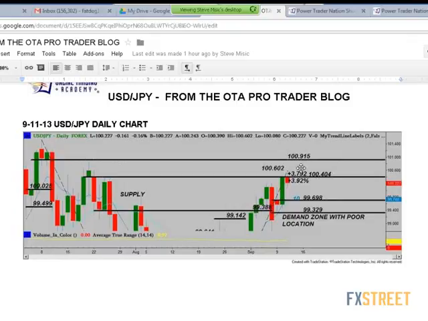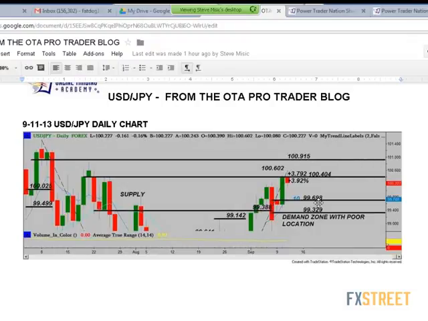So we're into our next areas of supply on the daily chart. We've created another area of demand at around 99.69. But I'm always going to say that if you're thinking of buying this on weakness, now you're getting into the area where this demand level usually won't work very much. Okay.